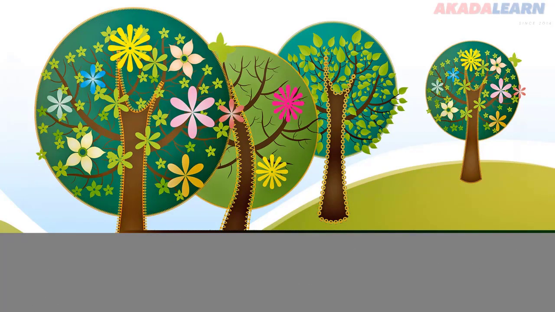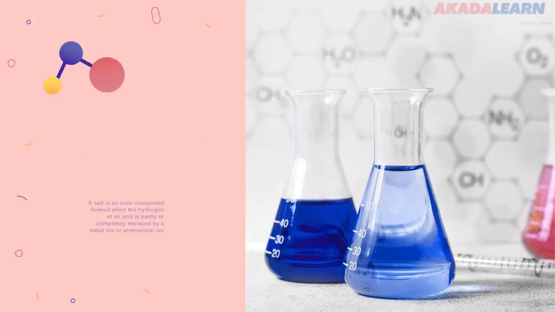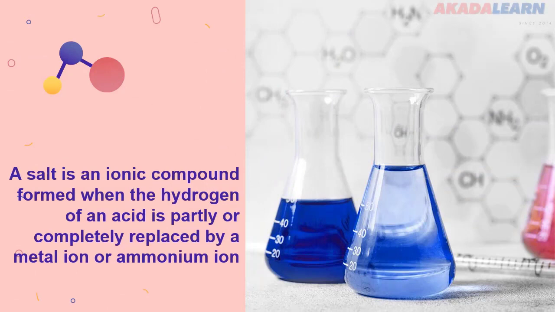Moving on now, what is a salt? A salt is an ionic compound formed when the hydrogen of an acid is partly or completely replaced by a metal or ammonium ion.